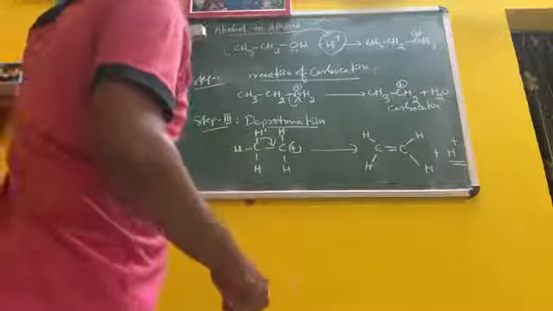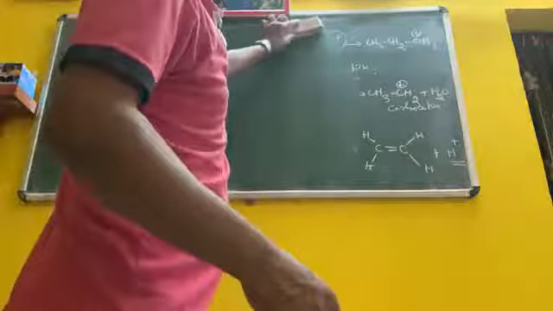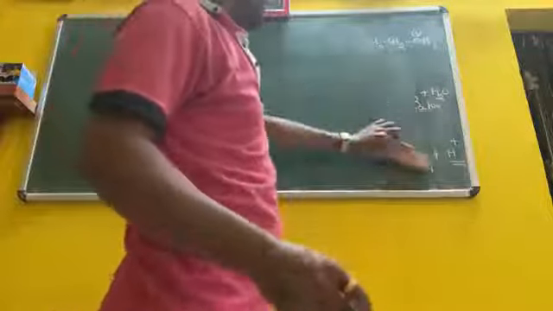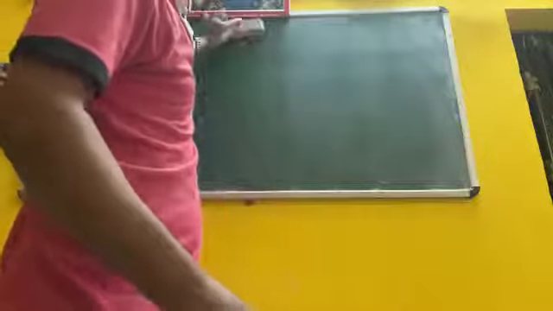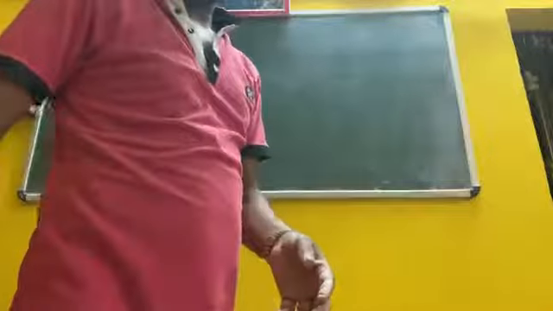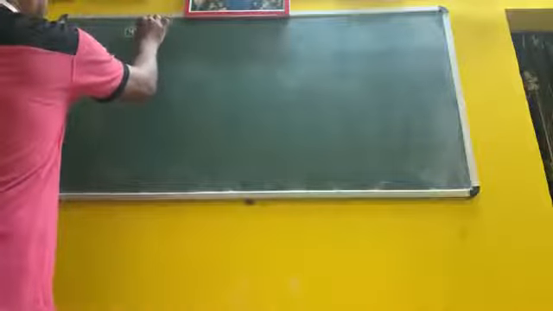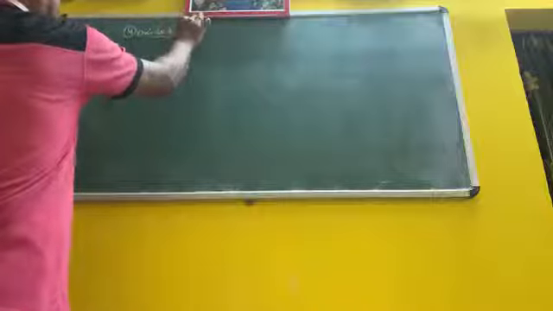Then this is the third property, cleavage of the CO bond. Next one is the fourth, oxidation.